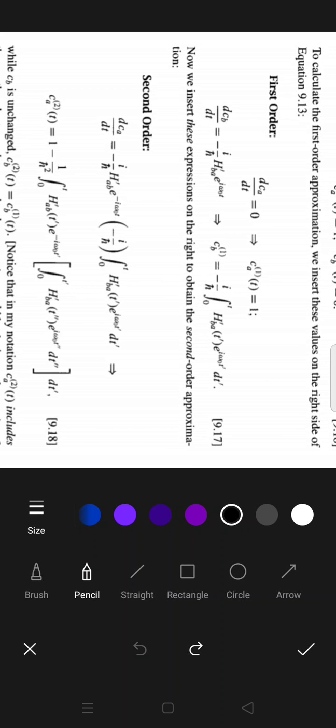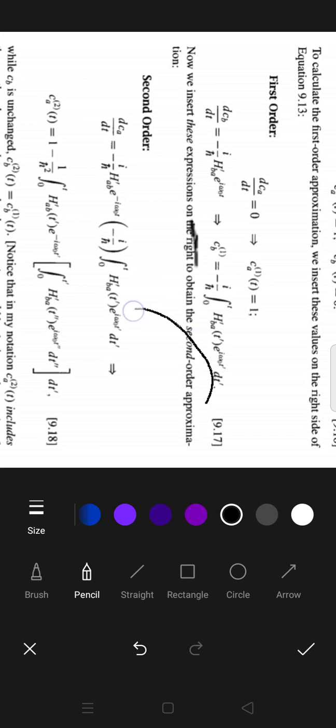So we insert these expressions on the right to obtain the second order approximation. So dCa by dt is equal to, in the 9.13th equation, there is a Cb term.